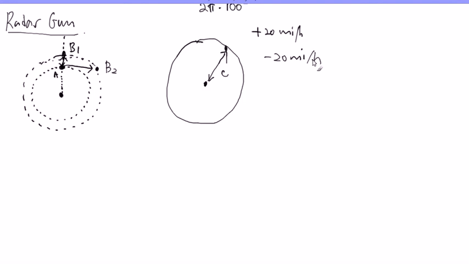Make sense? So we want to apply this to an XY coordinate system. This is one of the settings they have.